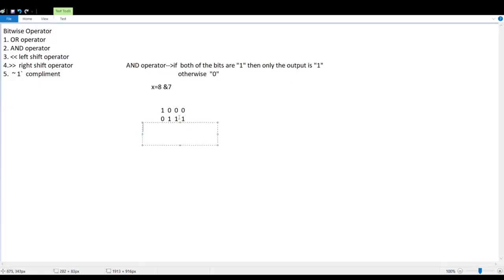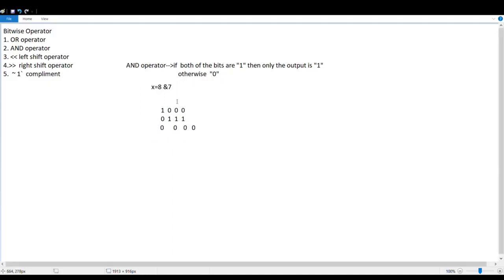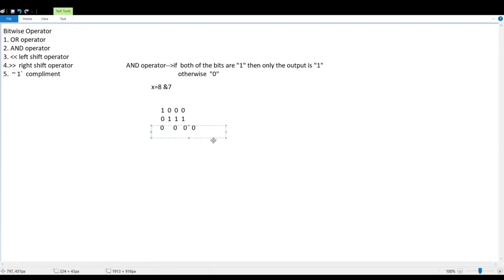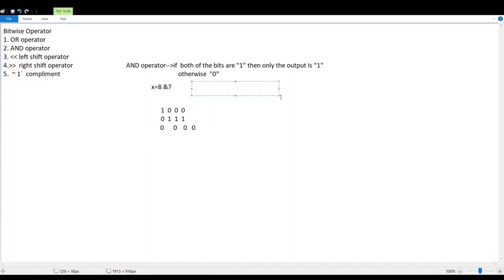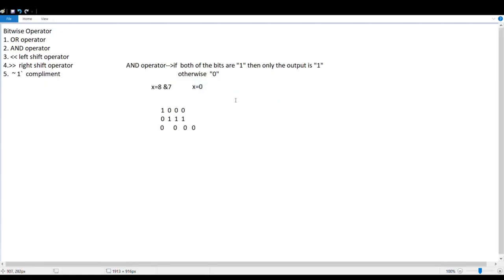So the output of this will be 0 0 0 0. Yes, the output of the AND operation will be 0, as when we represent this binary in the decimal number system, it will be 0. So the value of x here will be 0. This is the AND operator.